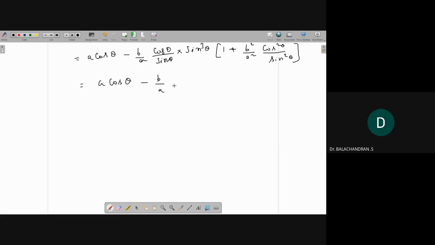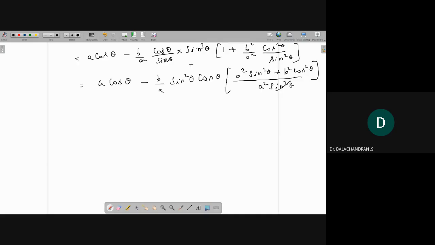If you simplify this, you'll get sin square theta into cos theta into 1 plus, or you can take LCM, a square sin square theta plus b square cos square theta divided by a square sin square theta.